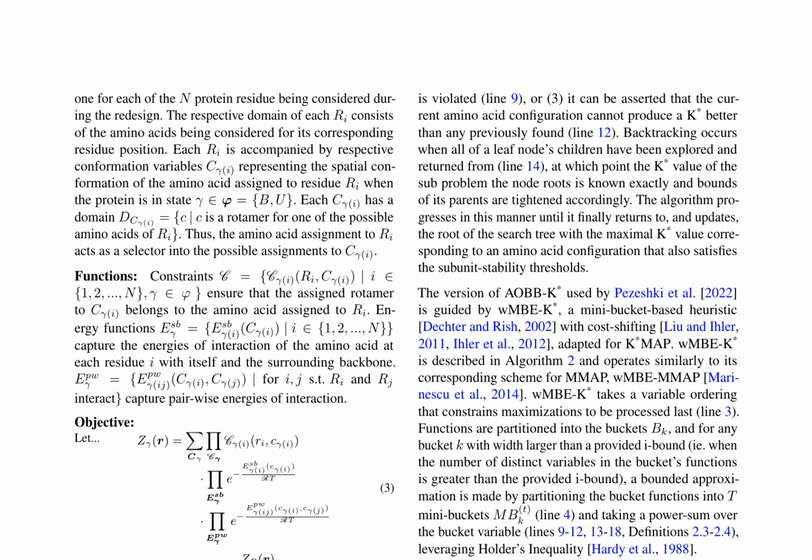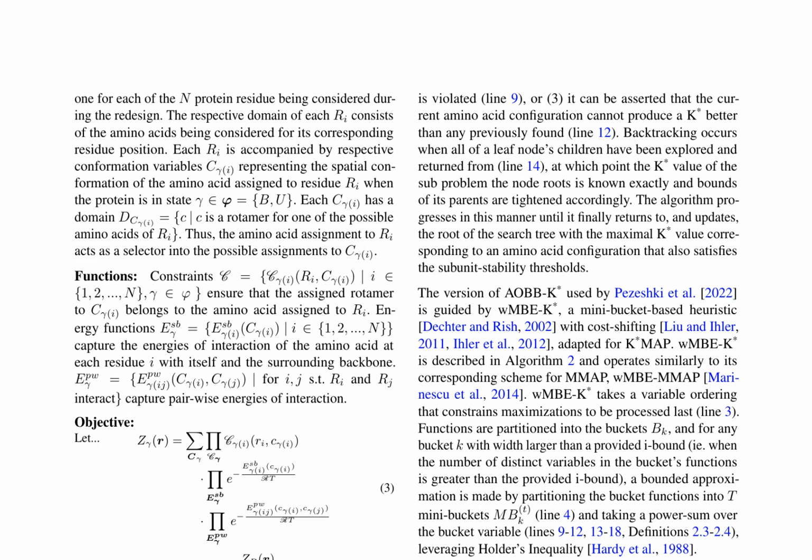The objective function is defined as K*(R) equals Z_B(R) over Z_U(R), where Z_γ(R) is the partition function of the protein subunit in state γ. The task is to find the maximum a posteriori, MAP, value of K*(R), denoted as K*MAP.